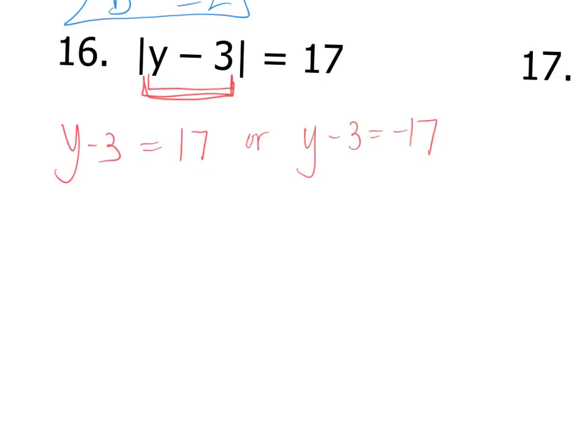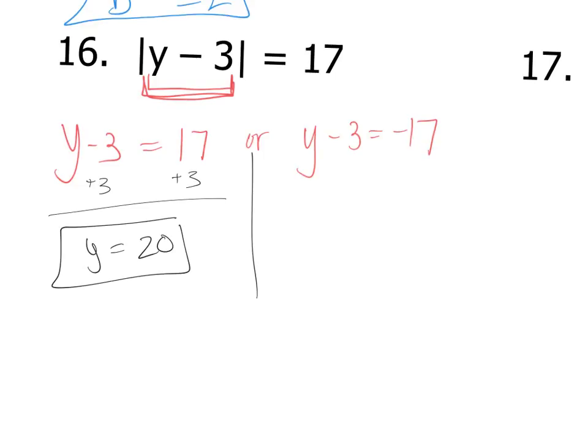Now we're going to solve two separate equations and we're going to get two separate answers. For example, on the left side, if I add 3 to both sides, I get y is equal to 20. But over here, if I add 3 to both sides, I get y is equal to negative 14. Now here's the deal, both of these are correct.